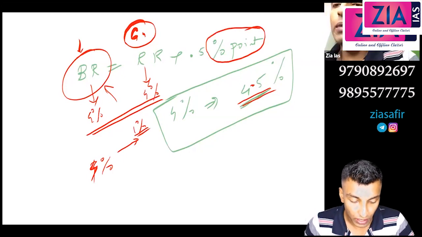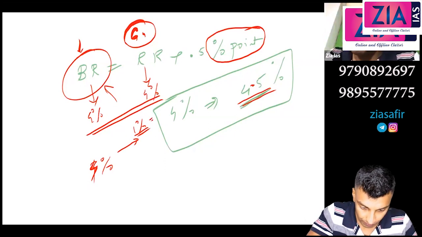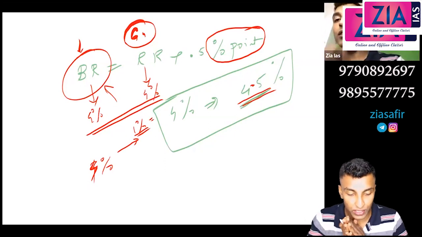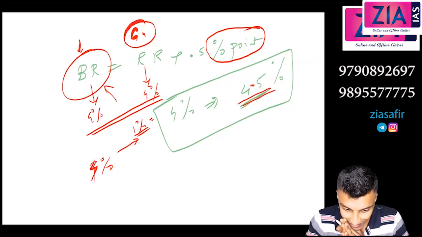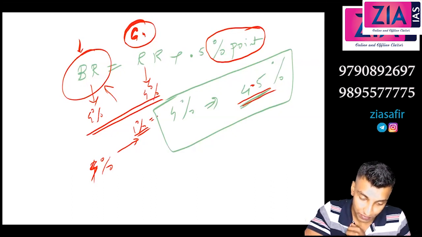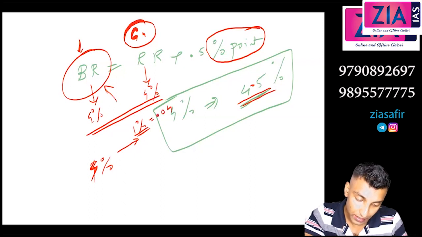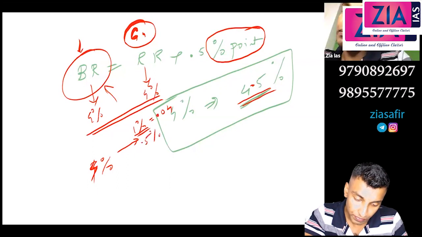So if I'm saying 1% of 4, what is that? 1% of 4 is what? 0.04. Yeah, 0.04. Okay, so if I'm saying 0.5%, what is that? Half of this, 0.02, right?